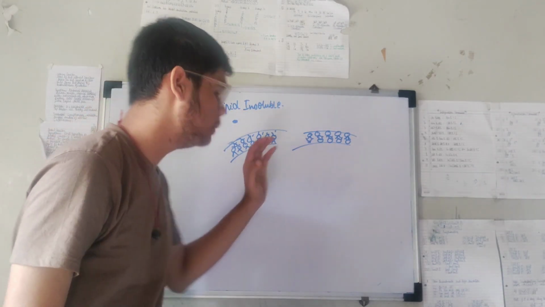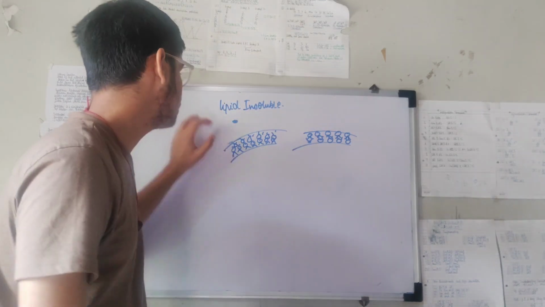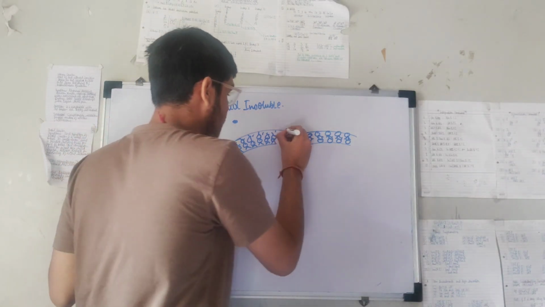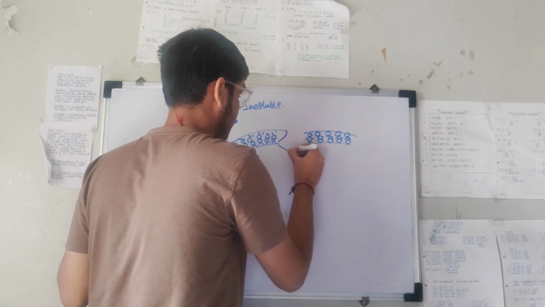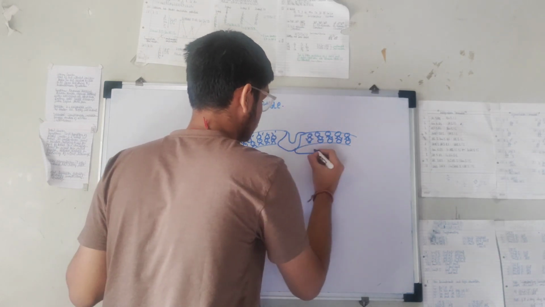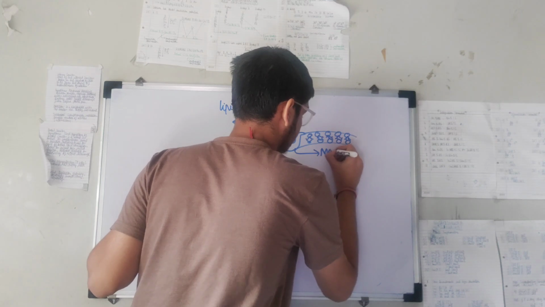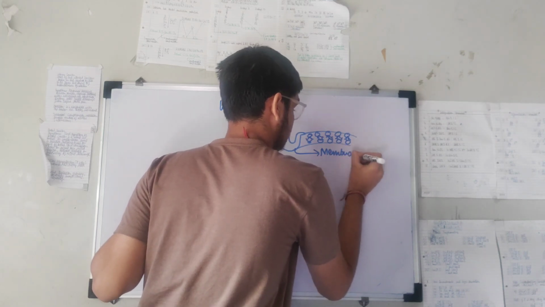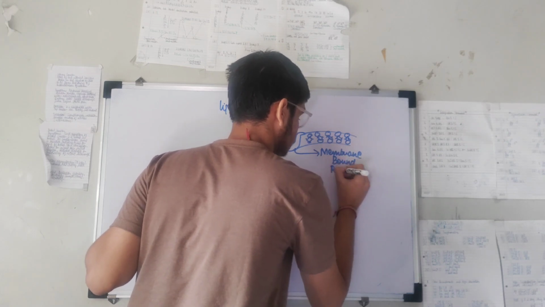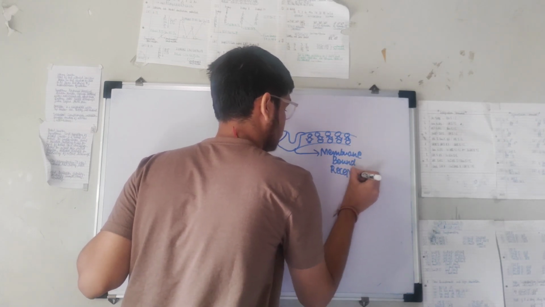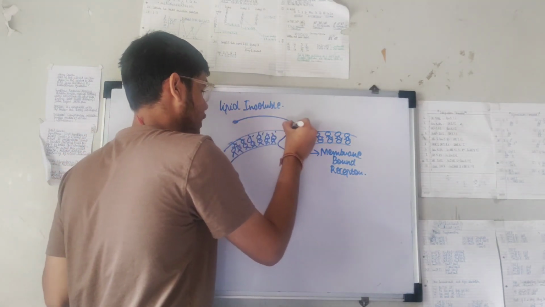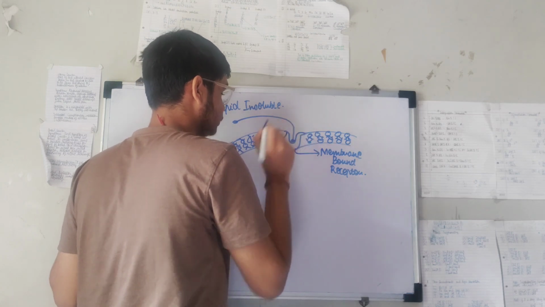The phospholipid will not allow this hormone to penetrate directly. Thereby, here a membrane bound receptor is present. This is called the membrane bound receptor.